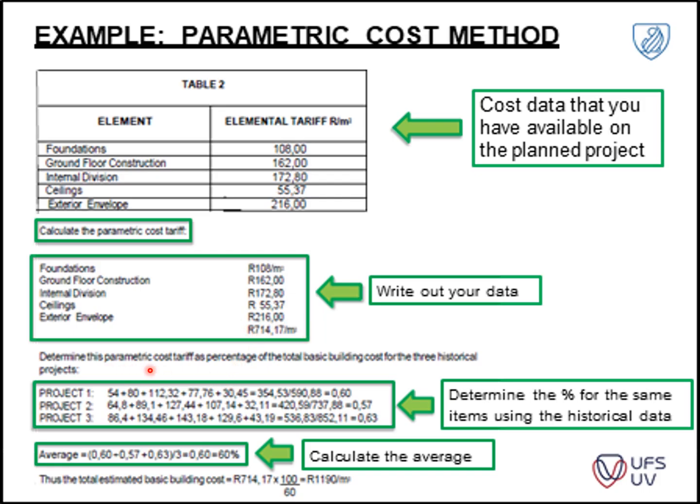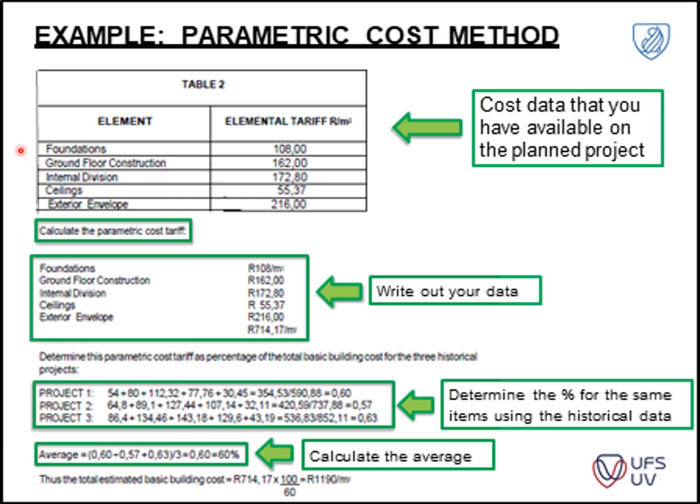So then you determine the parametric cost tariff as percentage of the basic building cost for the three internal projects. So this is your new building. And then if you go back to that first slide where the historical data is, you actually had 3 projects of similar size. So you take the relevant cost per square meter for those projects.